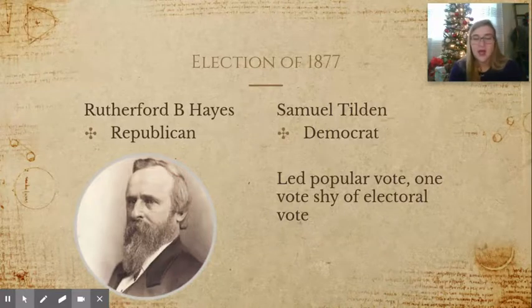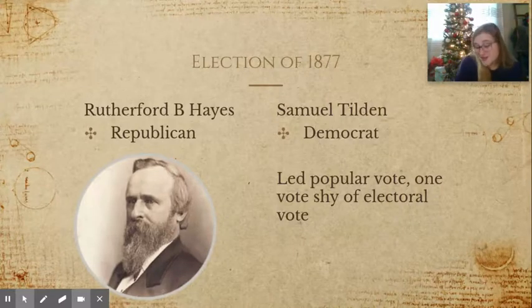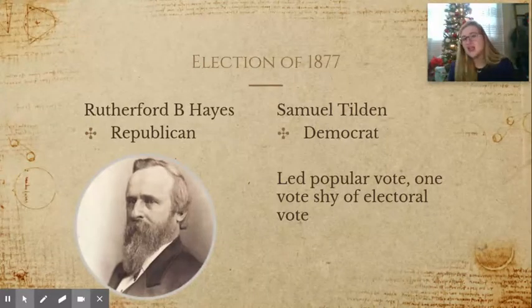You need 187, he had 184. Because the split was so close, there were about 20 electoral votes that were in question due to fraud in southern states and voter eligibility and things like that. And there were big contests.